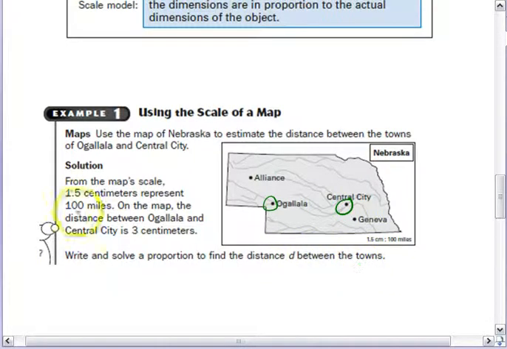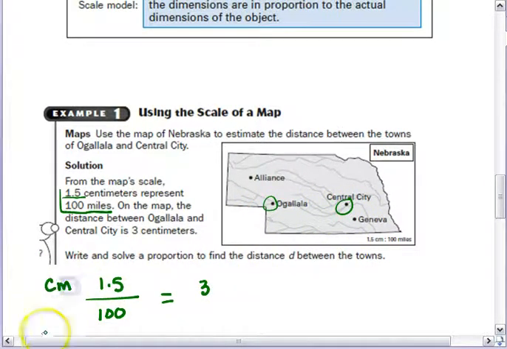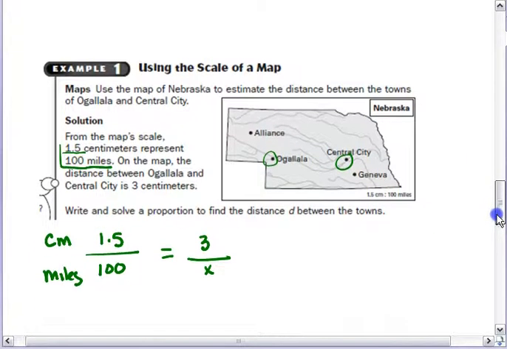All right, I know my scale is for every 1.5 centimeters on my map, it stands for 100 miles. And that's what it has right here. Now I know that Ogallala and Central City are 3 centimeters apart. So up here I have centimeters, down here I have miles. I'm trying to figure out how many miles, so I'm going to make that x.